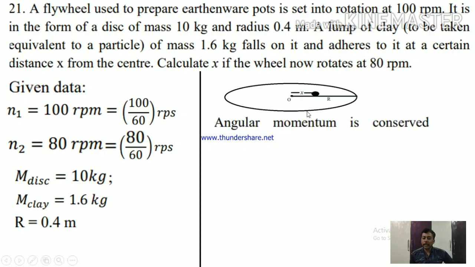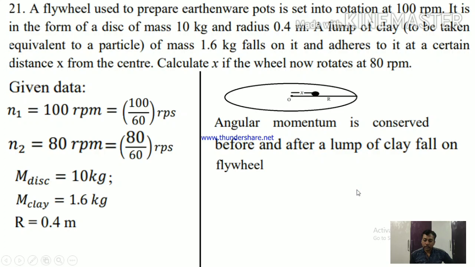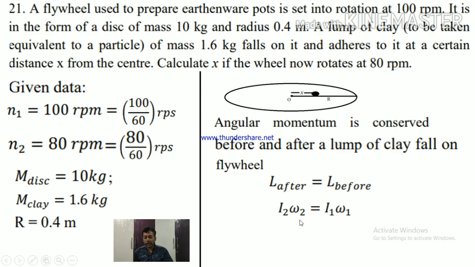Now angular momentum is conserved here, before a lump of clay falls on the flywheel and after. So angular momentum after is equal to angular momentum before, that is I2 omega 2 is equal to I1 omega 1. 2 means after the fall of lump of clay and 1 means before the fall of lump of clay.